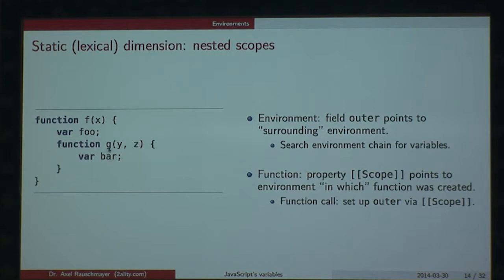If you can't find a variable in G, you continue your search in F. That's how the nesting is implemented.